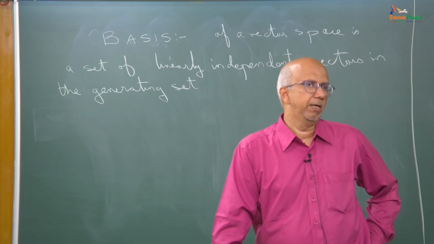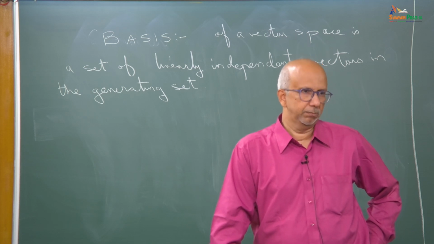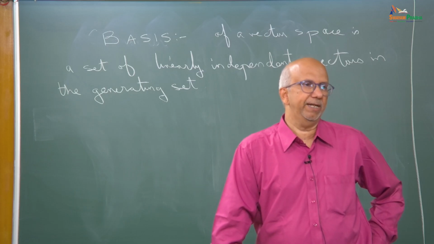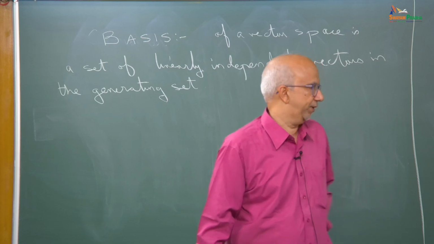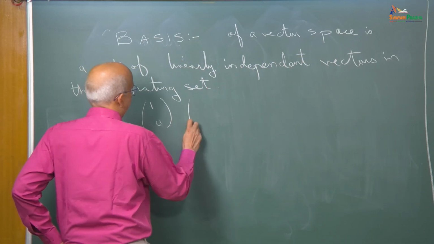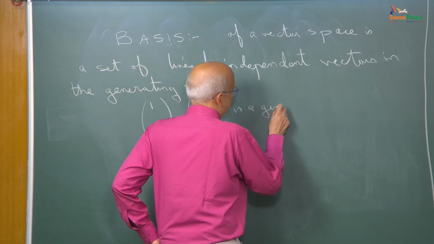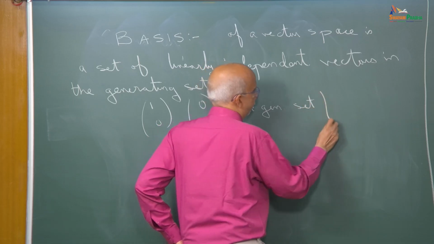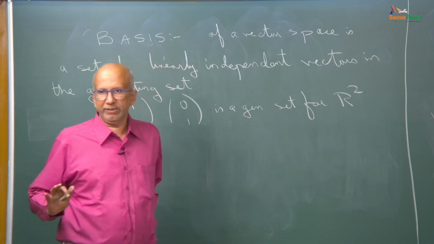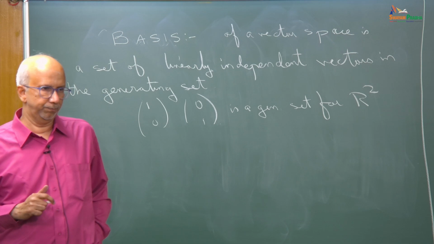Okay. So, in the earlier example, I had 1 0 0 1, okay, and that is the generating set for R2 because any vector in R2 can be written as a linear combination of these two. Okay.